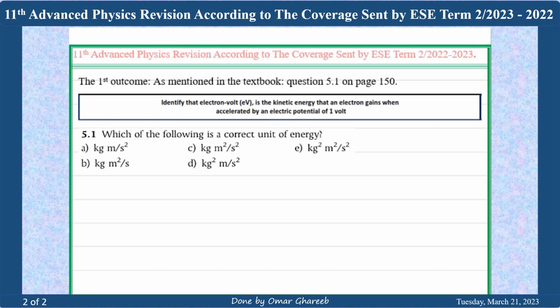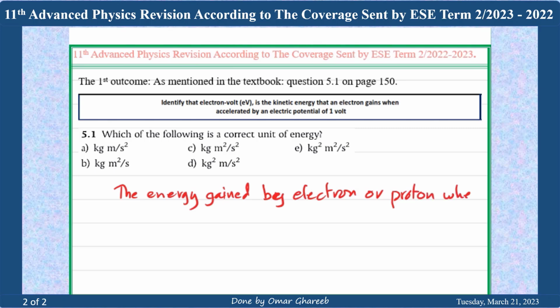The electron volt is the energy gained by electron or proton when accelerated within 1 volt.